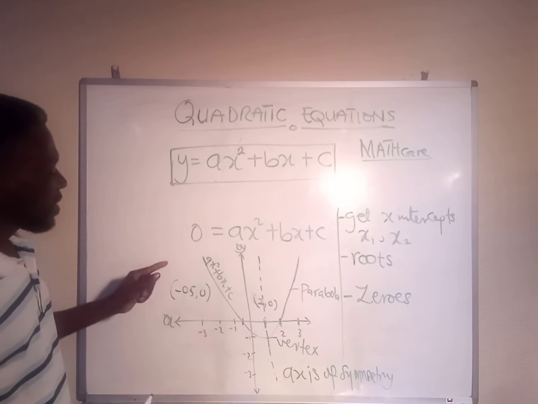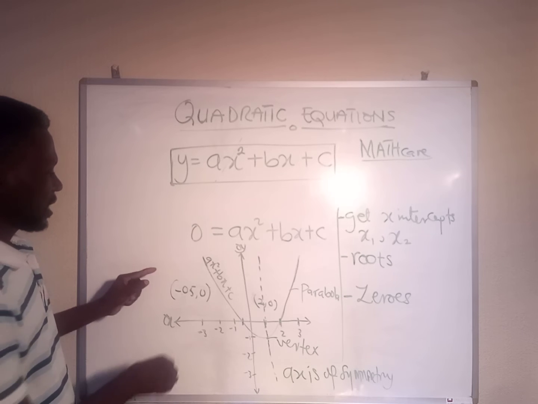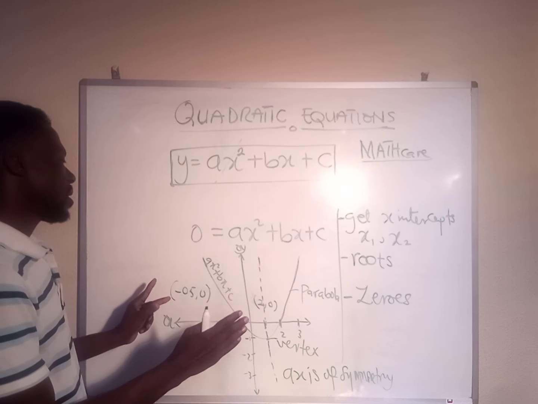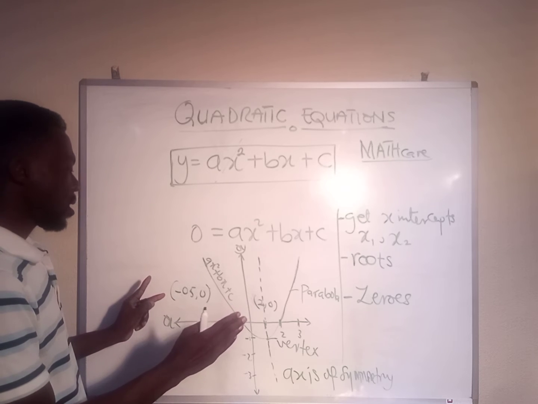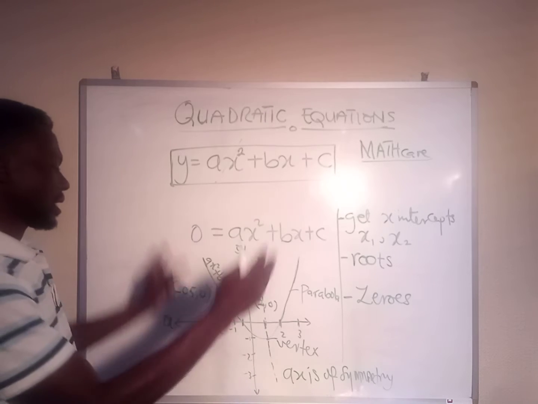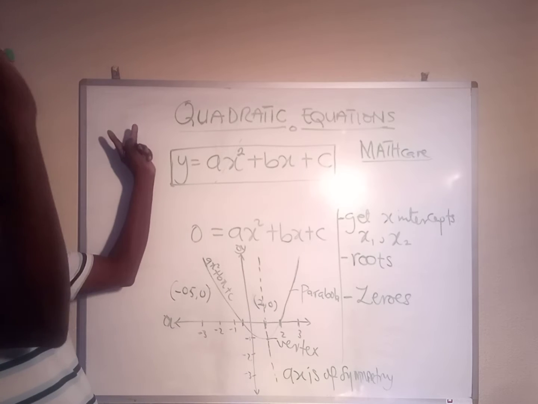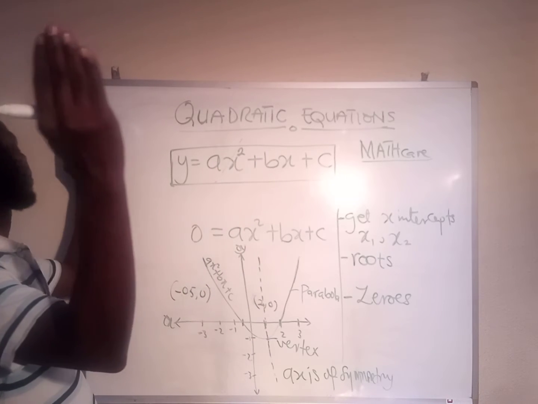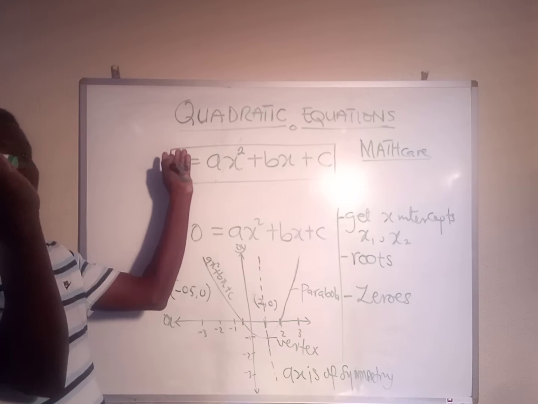Now, whenever you draw the parabola and the graph opens upwards, like this one that is receiving, we say it's receiving because look at the hands. It's like a bucket collecting water.